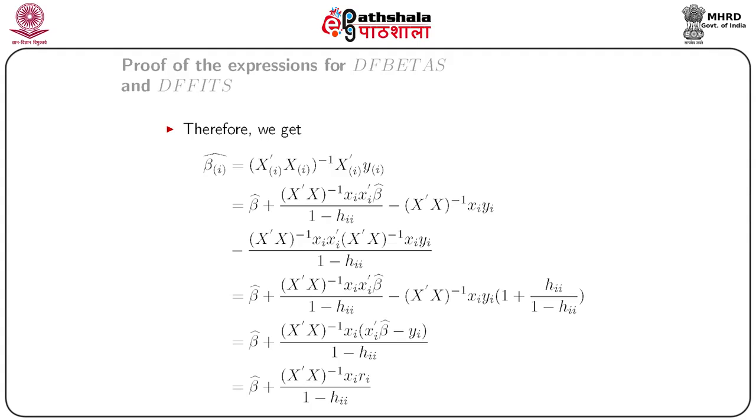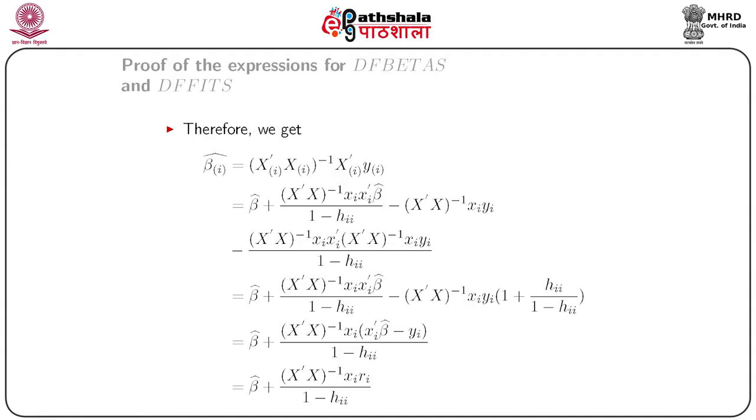because we can write x_i'(X'X)^(-1) x_i as h_ii. Thus, we can write β̂_(i) equals β̂ plus (X'X)^(-1) x_i times (x_i' β̂ minus y_i) divided by 1 minus h_ii. And from the definition of residuals, we know that x_i' β̂ minus y_i is r_i, where r_i is the residual.